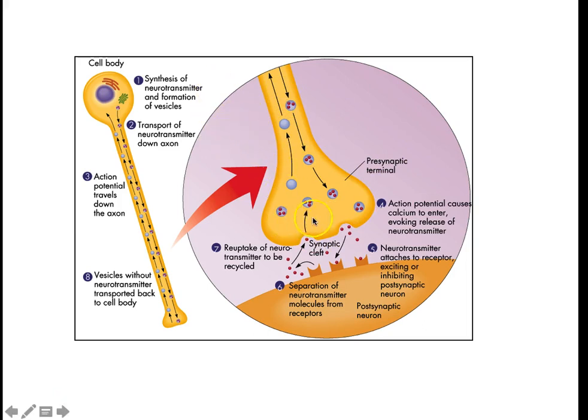They then can recycle it so that this neuron doesn't have to make more neurotransmitter from scratch. It can recycle what it released so it can reuse it. And so these events at the synapse can be very important with certain pharmacological drugs.